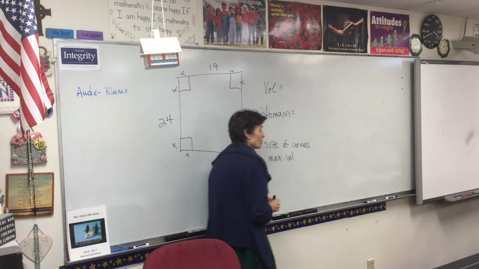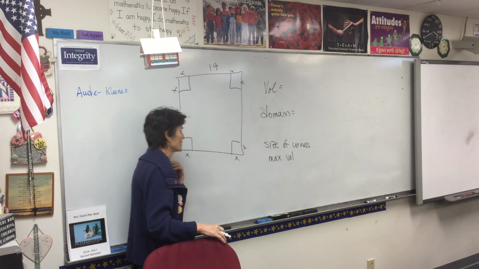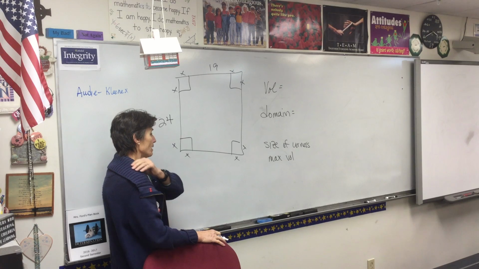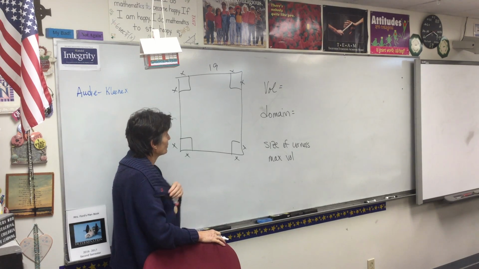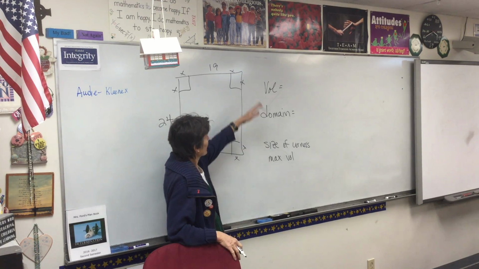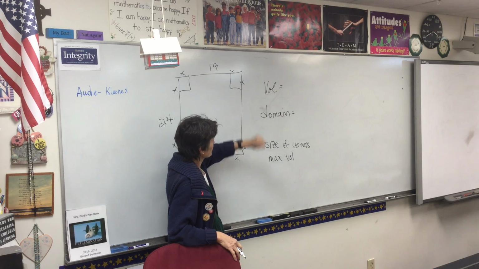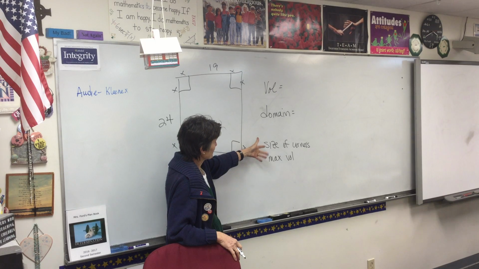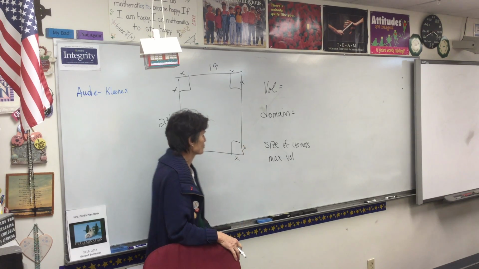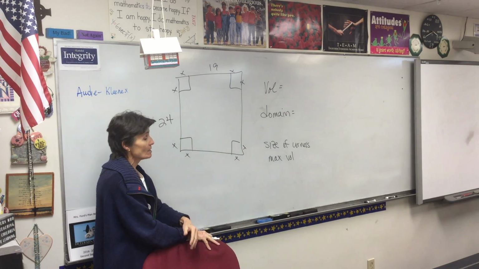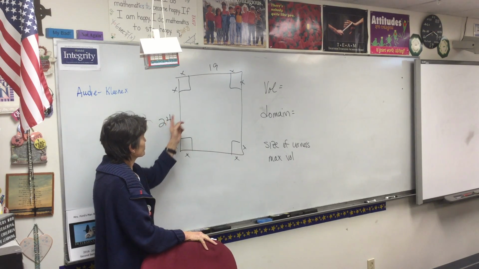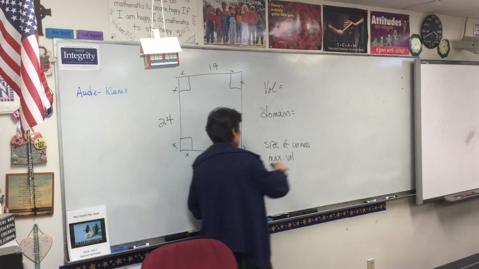I did change the problem a little bit on the exam for the other teachers. They weren't happy with some of the stuff, so the only things you're going to have to answer: what's the equation for the volume, what's the domain, and then either what are the size of the corners or what is the maximum volume.